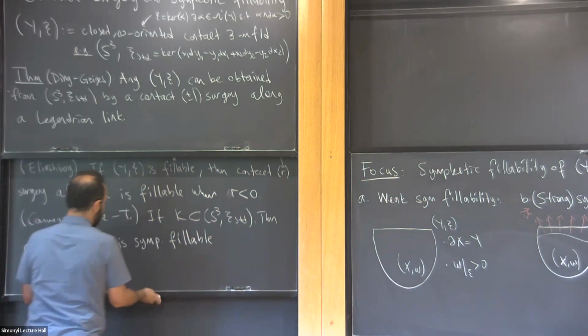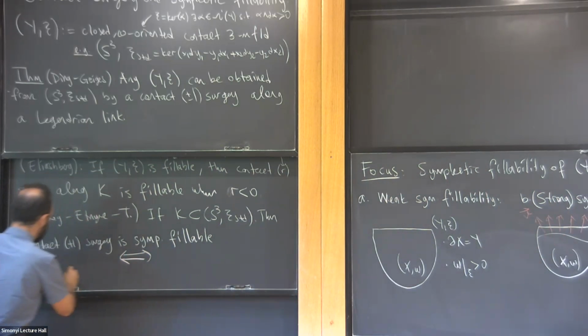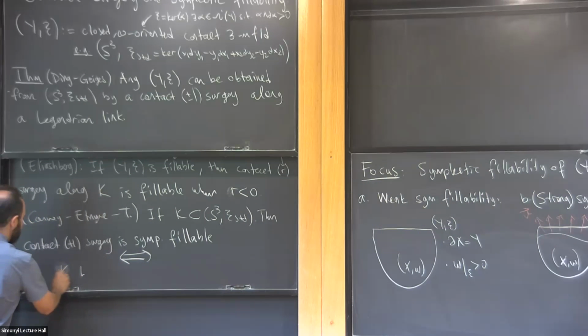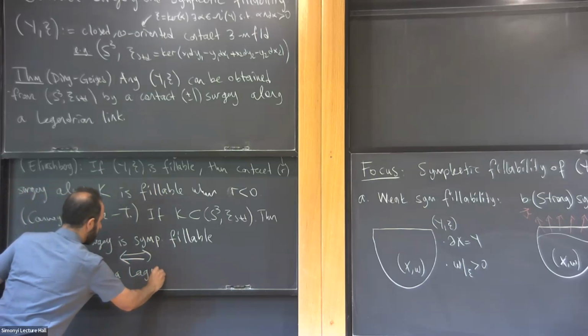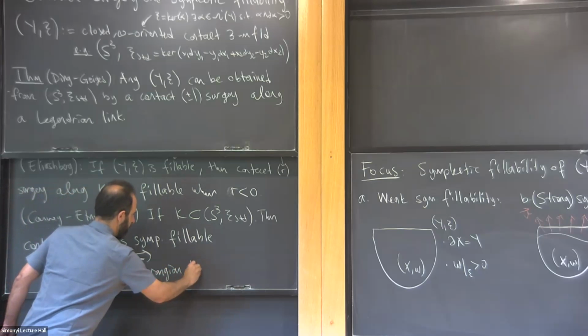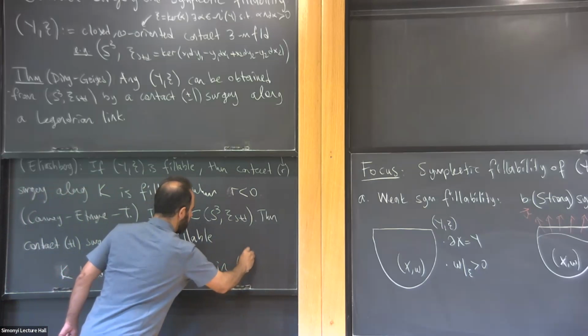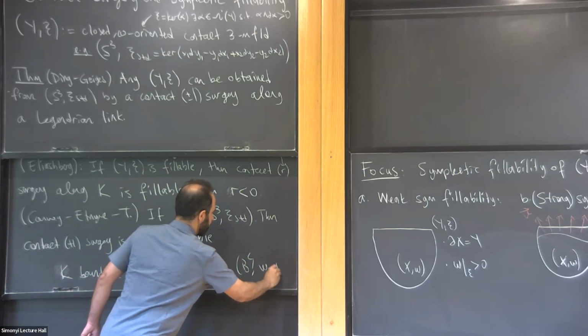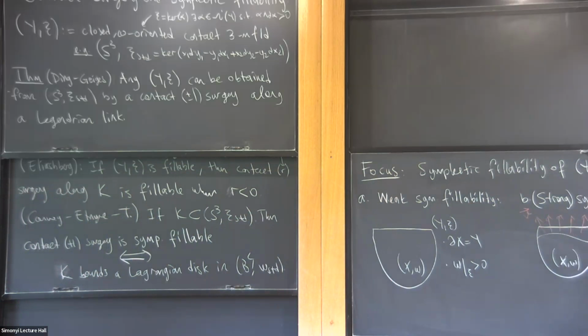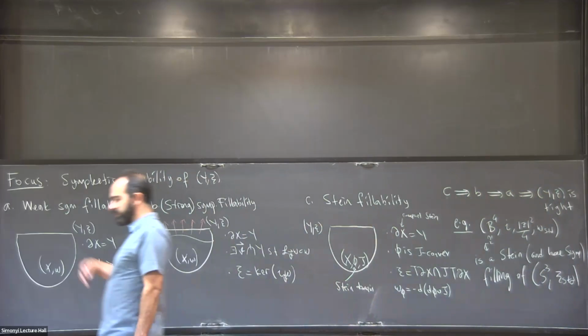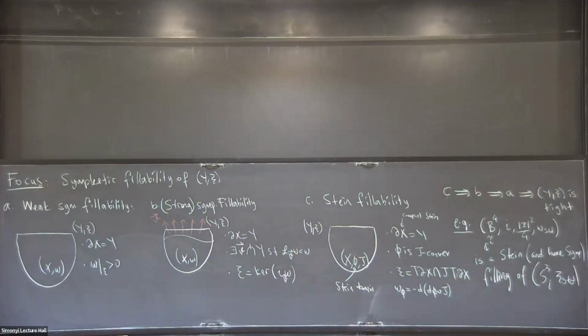Yes, contact surgery with positive coefficients could be harmful, but if you satisfy that, at least for contact plus one surgeries, you can certify symplectic fillability. And indeed, if you decorate this Lagrangian disk somewhat, you can upgrade symplectic fillability to Stein fillability.